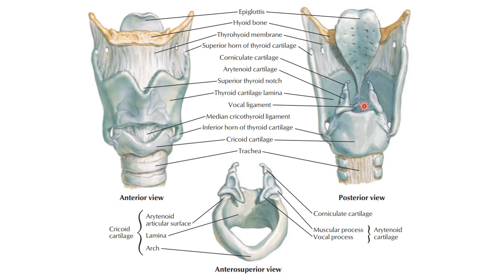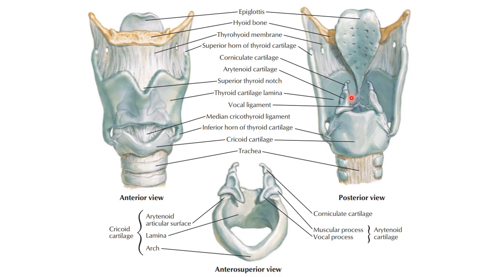You have here the triangular arytenoid, and you have here the cone-shaped corniculate cartilage. Okay, so on top of the cricoid would be the arytenoid, and on top of the arytenoid would be the corniculate cartilage.